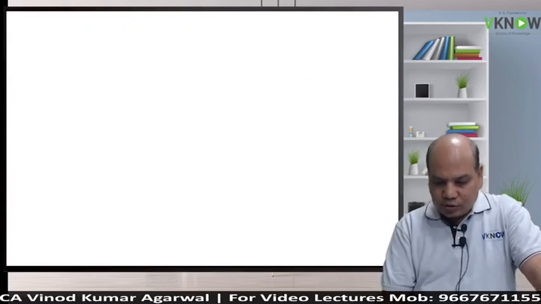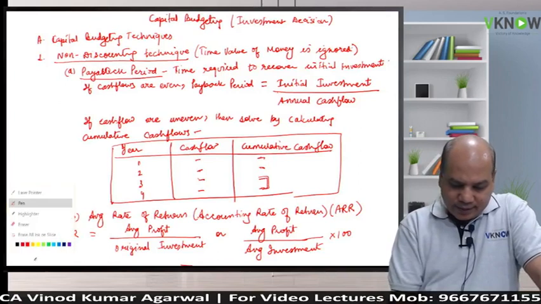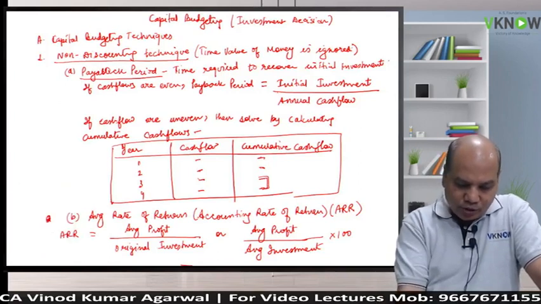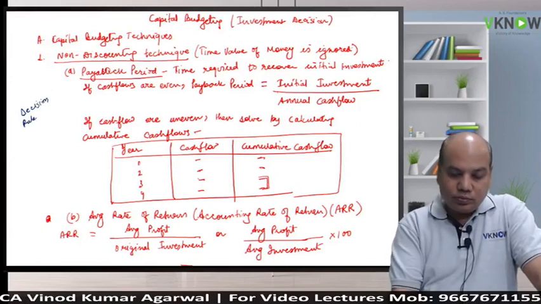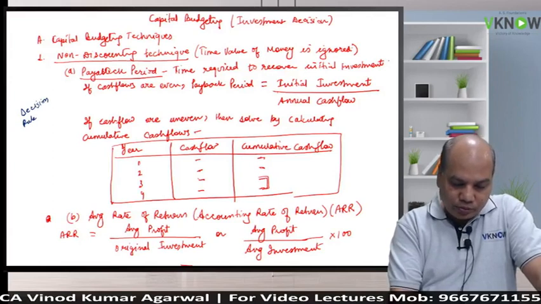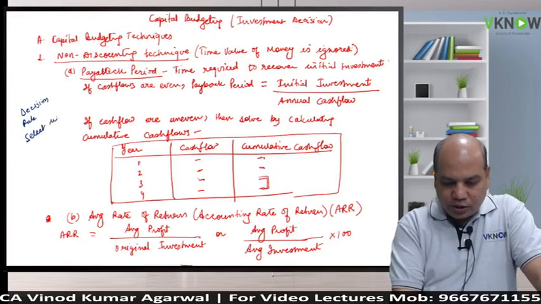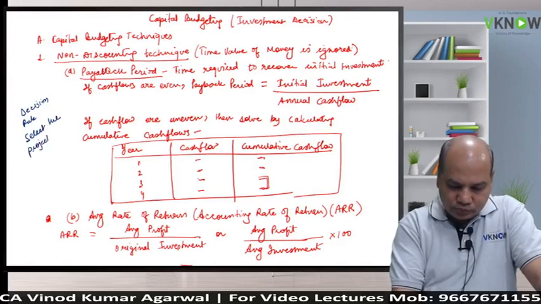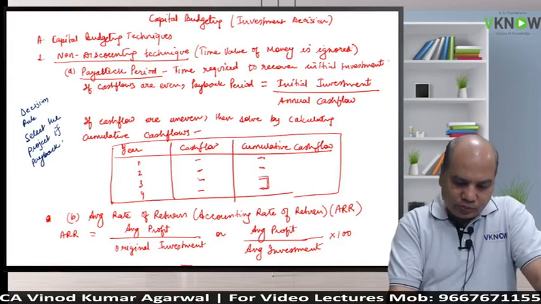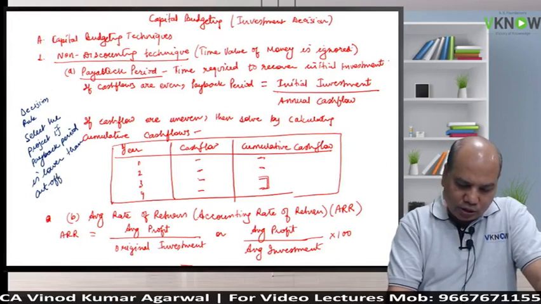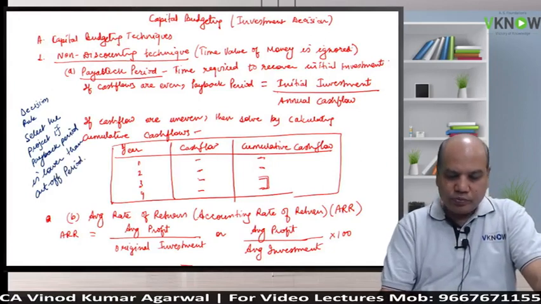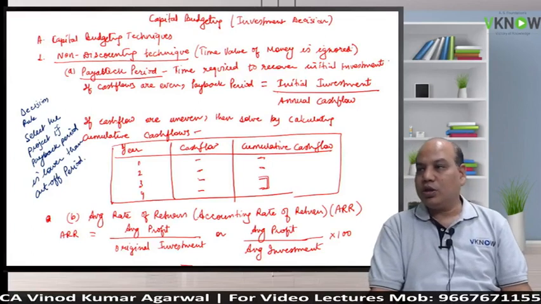One more thing I forgot to write in payback period. Write down in payback period, if you have the space, decision rule: select the project if payback period is lower than cutoff period.